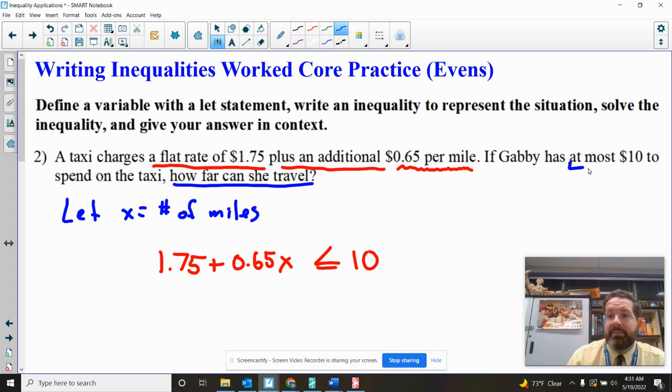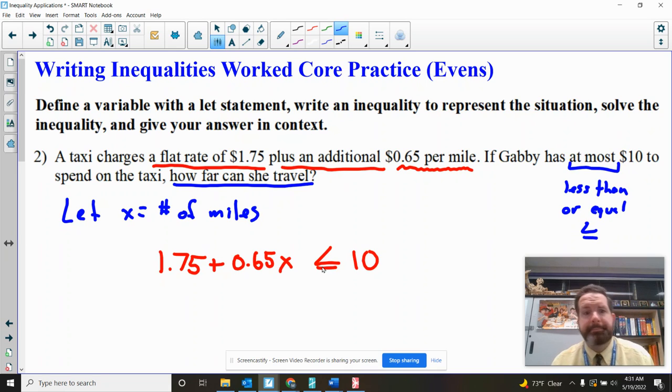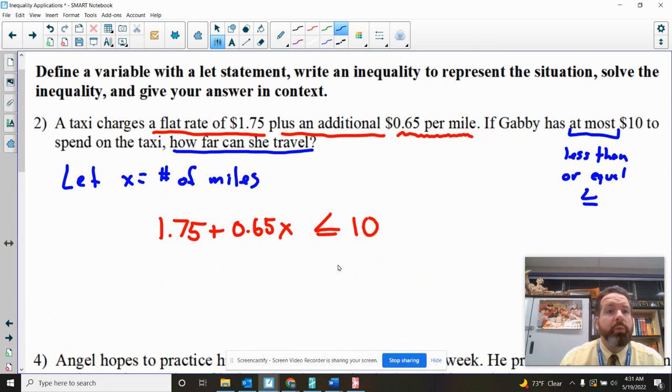So when I see at most, that means less than or equal. So that's where that inequality sign is coming from. We have done now the first part, define the variable, write an inequality, now solve the inequality.